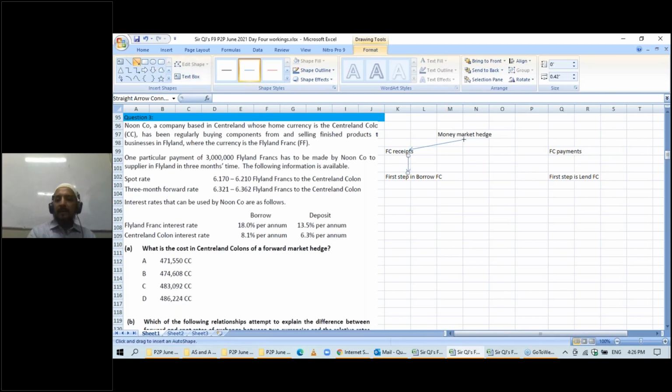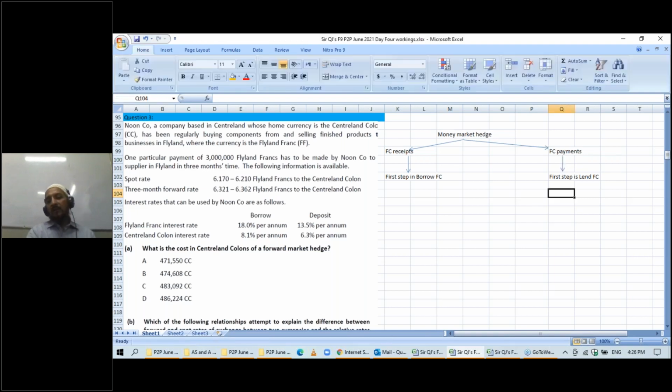In the money market hedge for receipts, remember that in the first step, we borrowed foreign currency, converted it into the local currency and then invested it. And we received money after 3 months from the investment amount along with the interest. In case of money market hedge for payments, we will first invest the foreign currency amount.